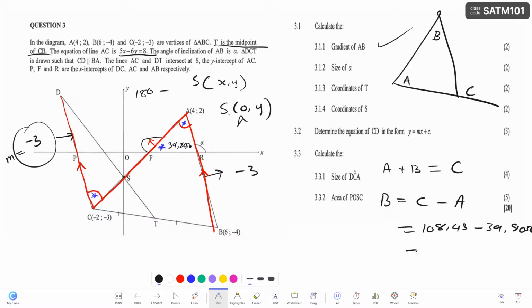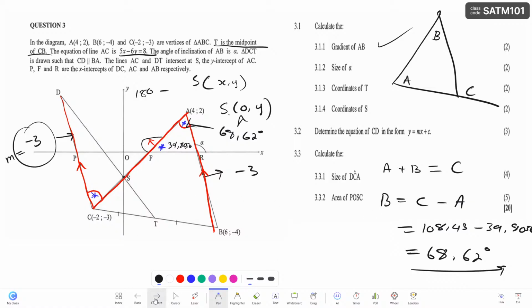So minusing that angle, we're going to get our answer as 108.43 minus 39.8056, which is 68.62 degrees. So this angle here is 68.62 degrees. So meaning even this one is 68.62.